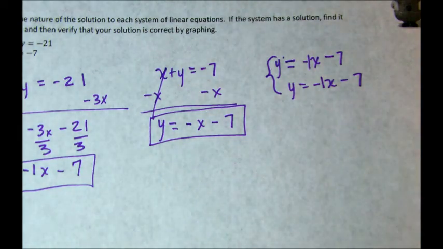So what does this tell me about my lines? What do you notice about our slopes? What do you notice about our y-intercepts? You should notice that the slopes are the same and the y-intercepts are the same, therefore this system will have infinitely many solutions.